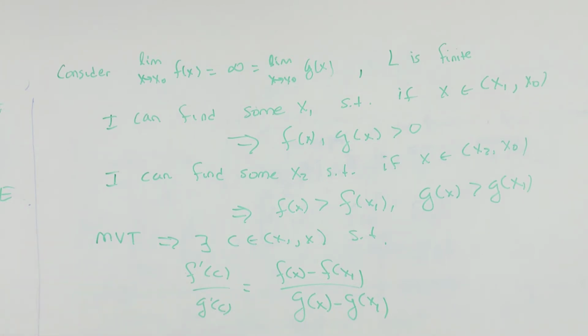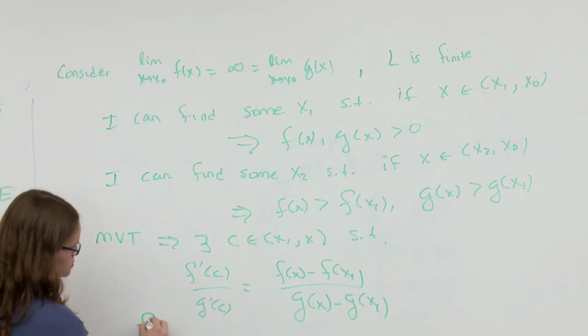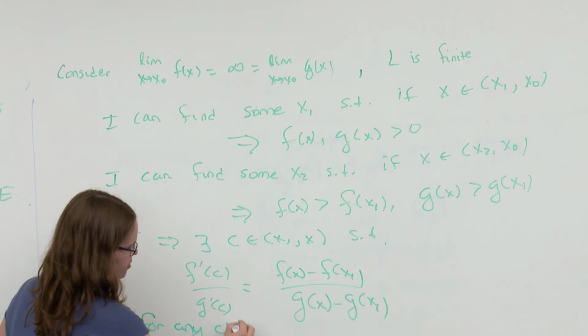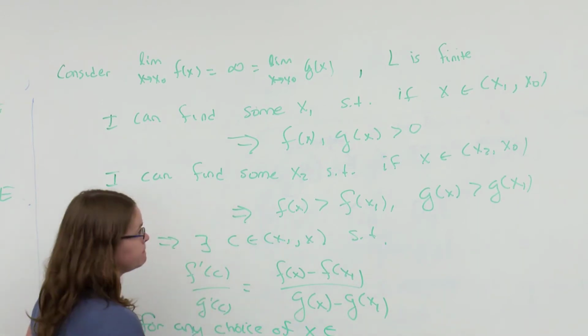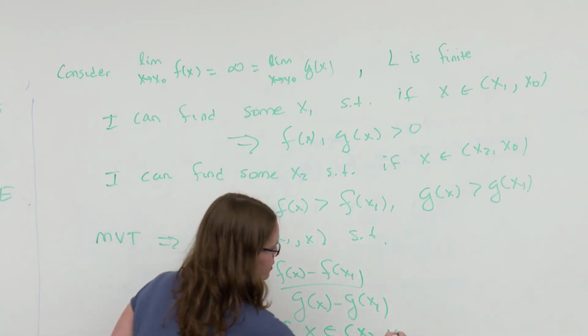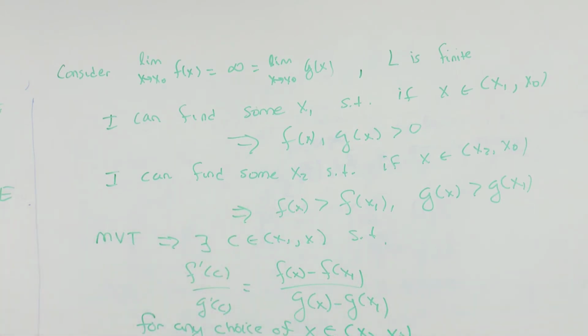This is going to work for any choice of x that's bigger than x2, so for any choice of x belonging to x2 to x0, because as long as x is in this interval, it's above this line that's set at f of x1.